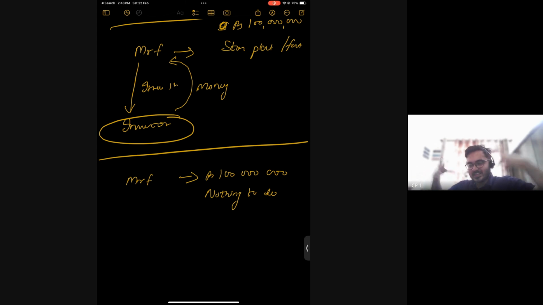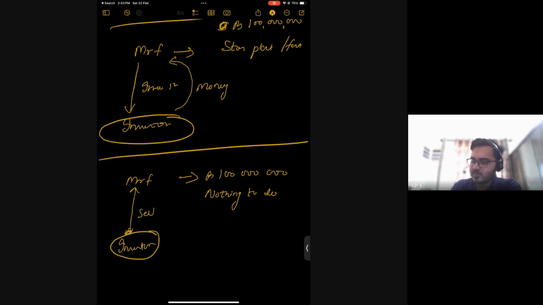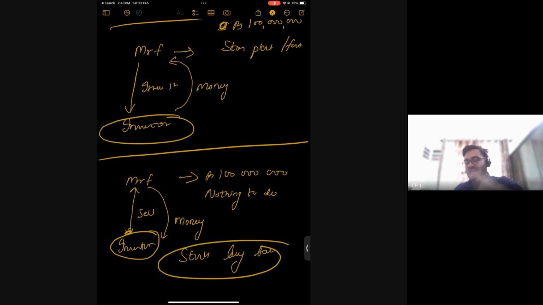So what you can do is, sorry, the other way around. The investors will sell the shares and MRF will give them money. This is called a stock buyback. Why do I call it buyback? Because you're buying it back from the investors to whom you had earlier issued those shares.